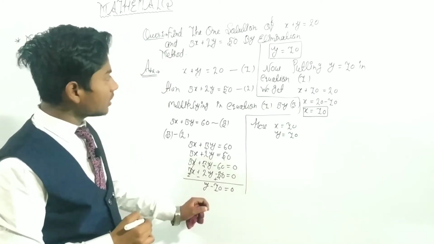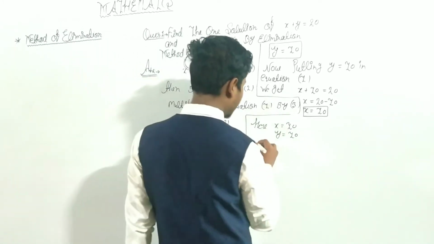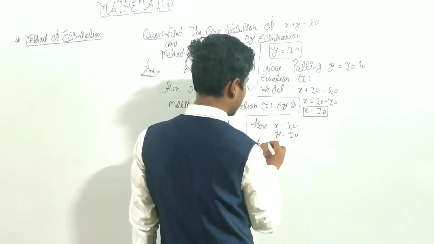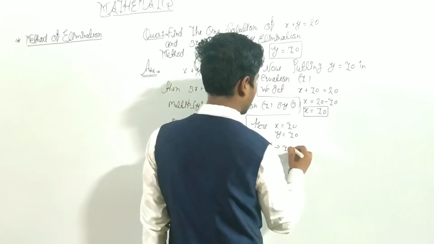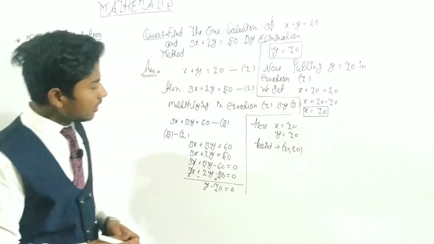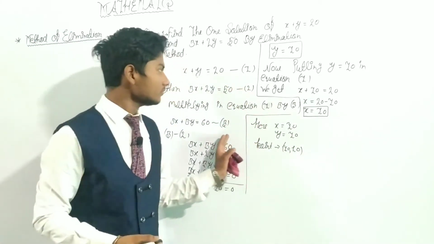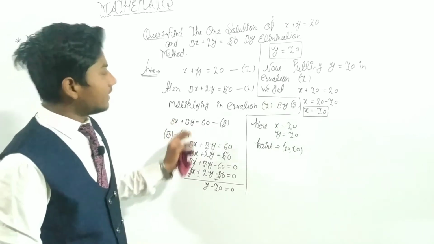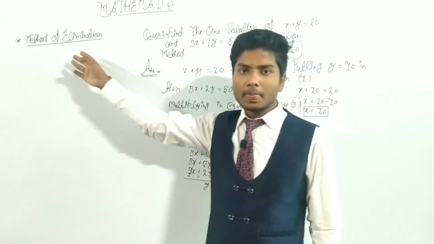Then the solution of both equations is the point (10, 10). This is the only solution of both equations, and this is the method of elimination.